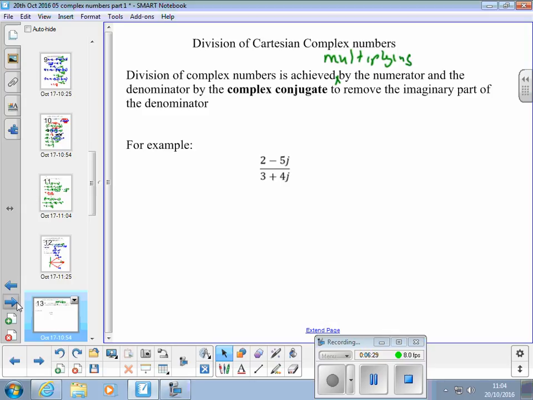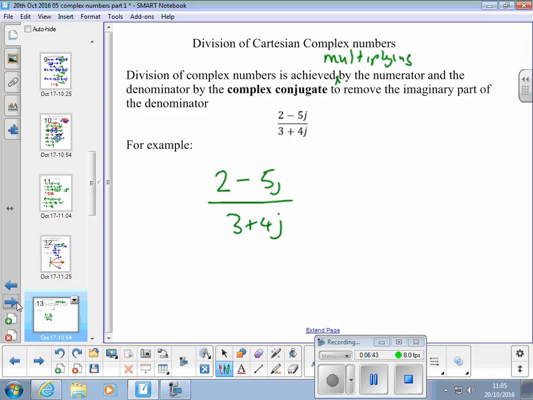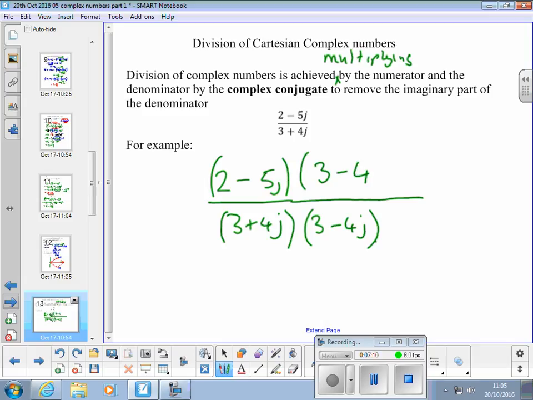So we have to take this complex number, 2 minus 5j over 3 plus 4j, and multiply the top and bottom by the complex conjugate of the denominator. So the bottom is multiplied by 3 minus 4j. If we do that, what must we do to the top? Do the same thing. We multiply the top by 3 minus 4j.